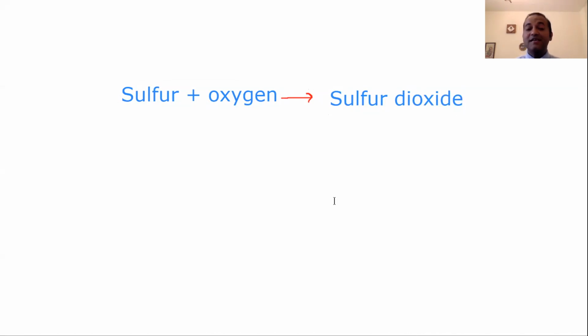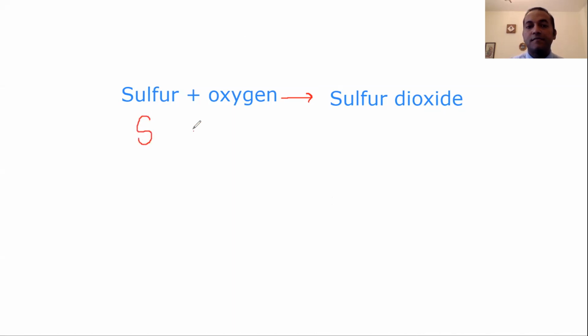Are you the same as me? Sulfur with oxygen to form sulfur dioxide. Now, I want to learn with you how to write a chemical equation without memorizing. Now, guys, all of us know sulfur, so you're going to write S here.